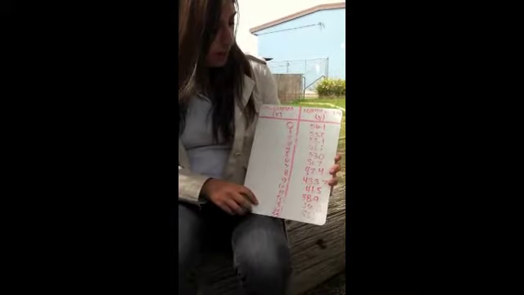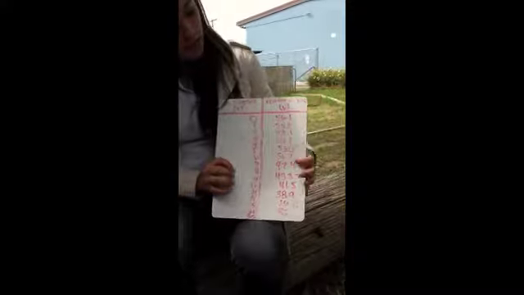Then we came up with the equation, and then we had our data collected of the coffee. This is the minutes that elapsed, and this is the temperature recorded in Celsius.